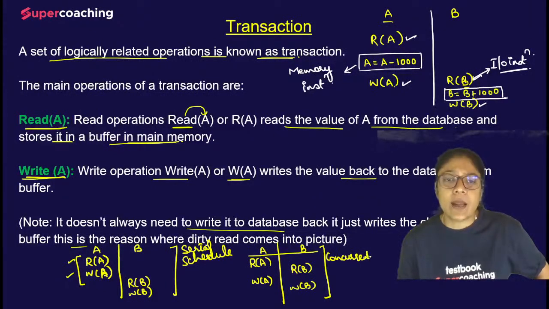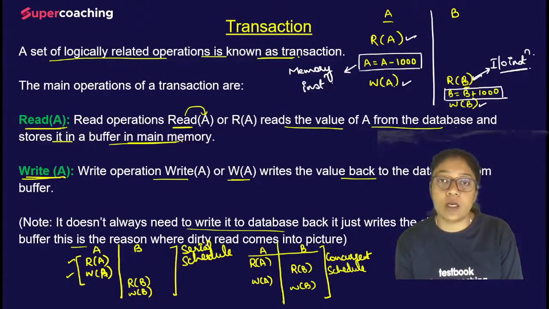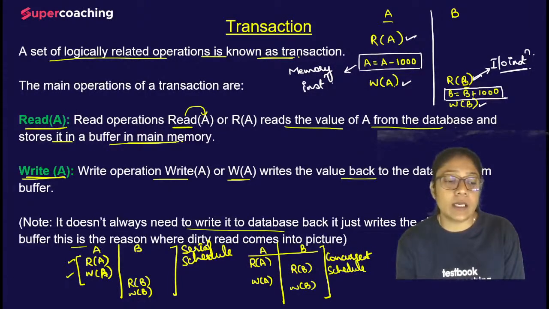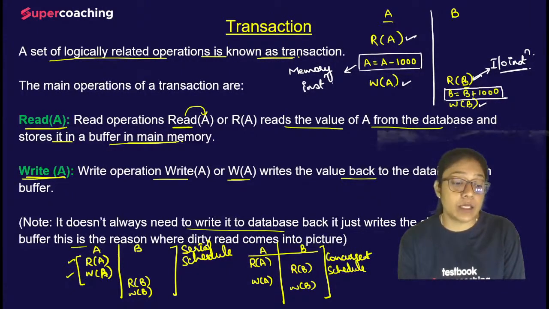Can somebody tell me what are the advantages of serial schedule and advantages of concurrent schedule? One difference you have told: both transactions are executing in parallel, and in serial it is one after another. What is another difference, and can you tell me the advantage or disadvantage of serial schedule or the concurrent schedule? Because this will give rise to the concept of why we need to cover recoverability and serializability.